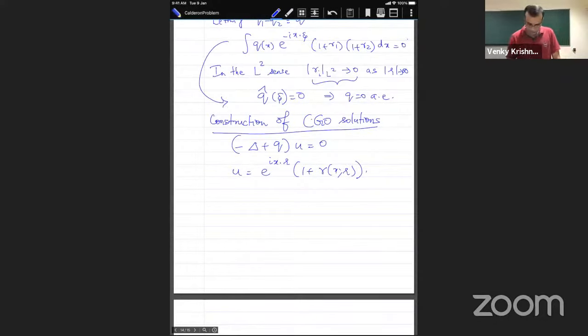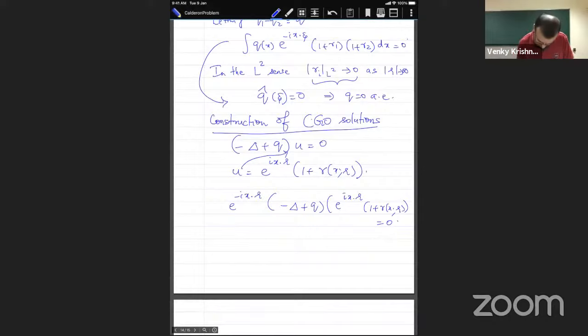Let's substitute this back into the equation. So minus Laplace plus q, u, is equal to 0 if and only if e to the minus i x dot zeta of minus Laplace plus q of e to the i x dot zeta times 1 plus r of x, zeta, is equal to 0.